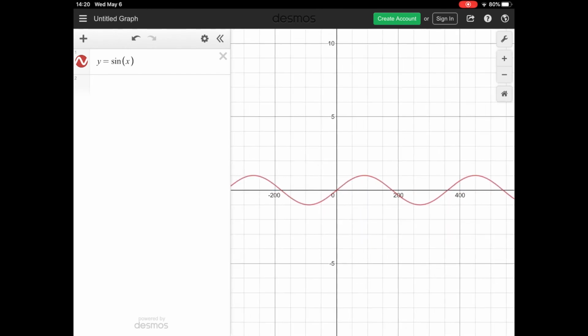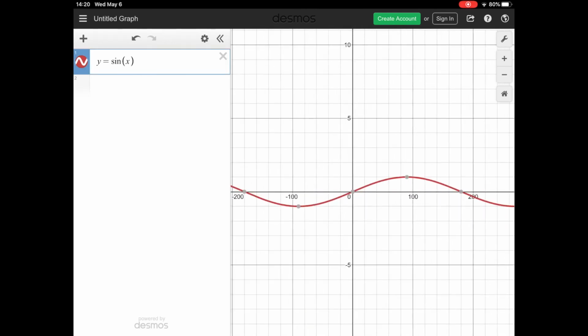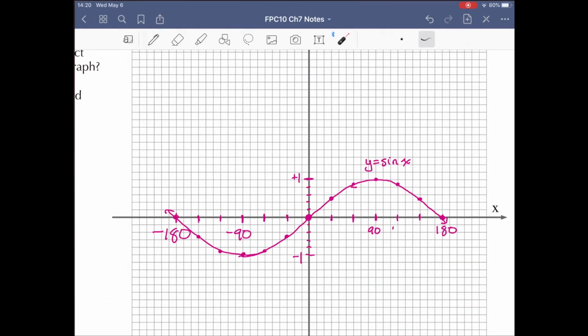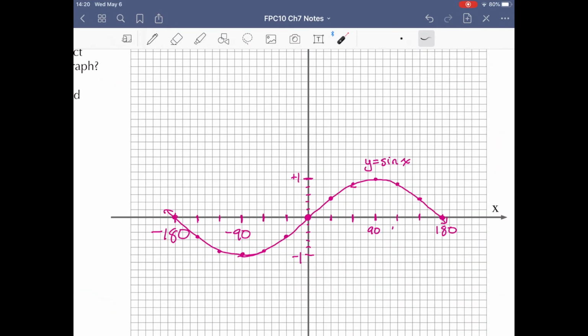And now you can see that the scales kind of match up, don't they? You can see this point here, it's at 90, 1. When we go back here, we can see that we have this point right here at 90 and 1.